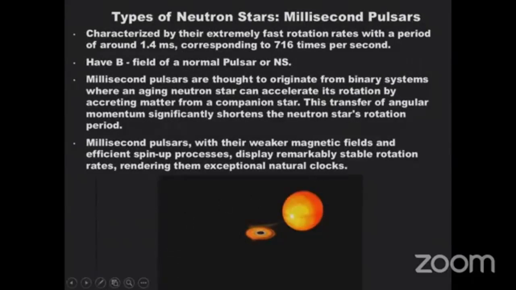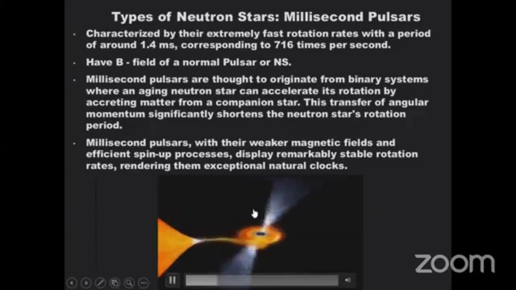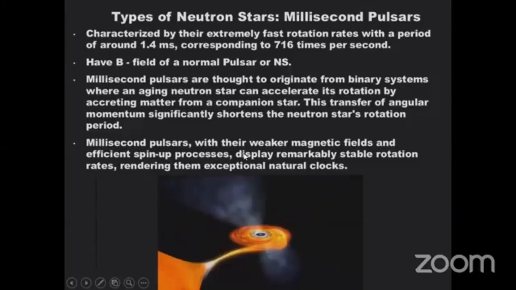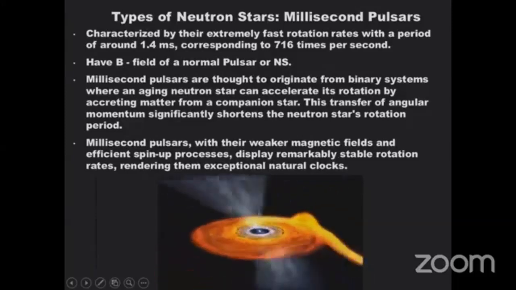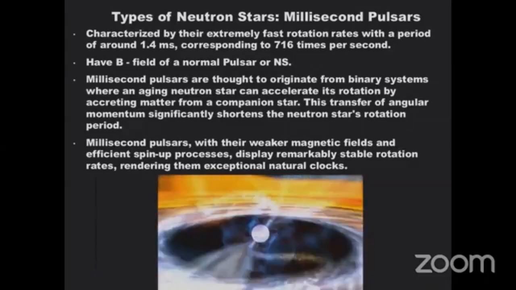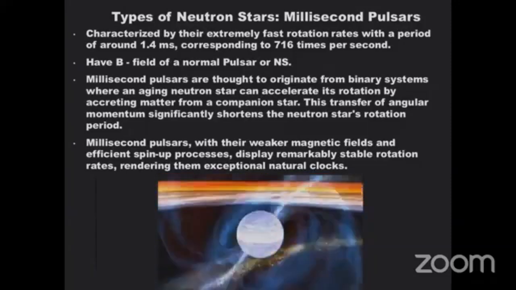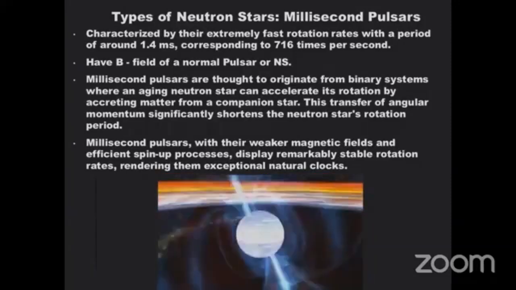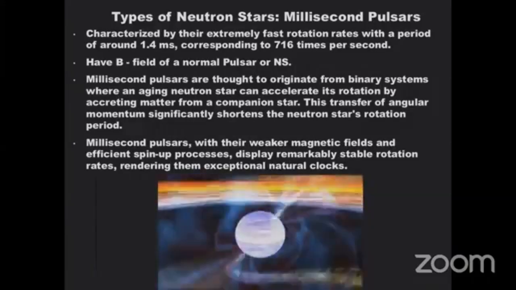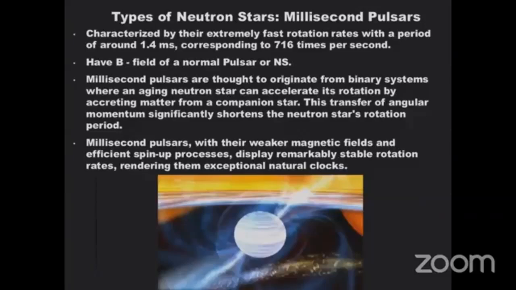So now talking about millisecond pulsars, I've explained it a little bit. As this matter is falling in, first of all, millisecond pulsars are the fastest pulsars in the universe. They are the fastest spinning objects in the universe. Their period, the time to make one complete rotation, is about 1.4 milliseconds, and that corresponds to about 716 times per second.